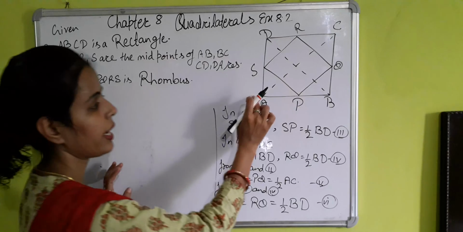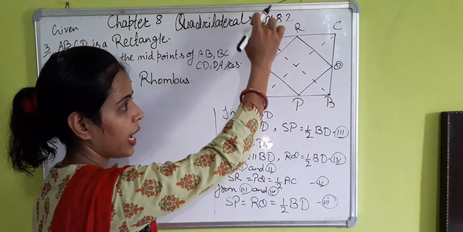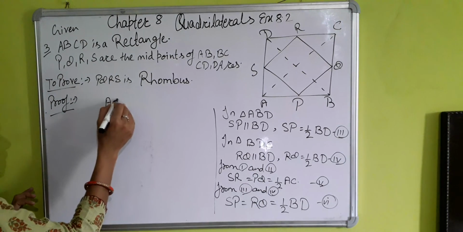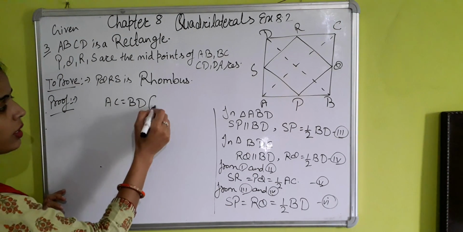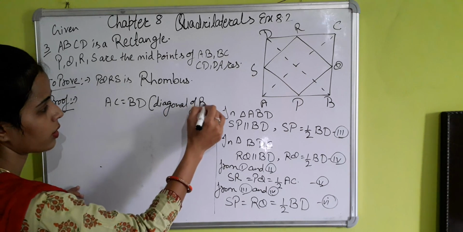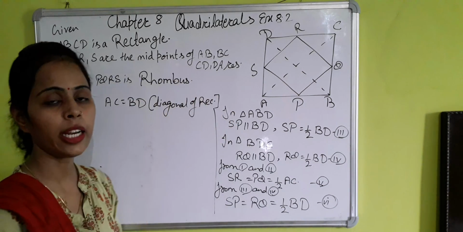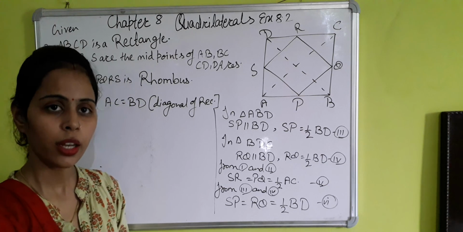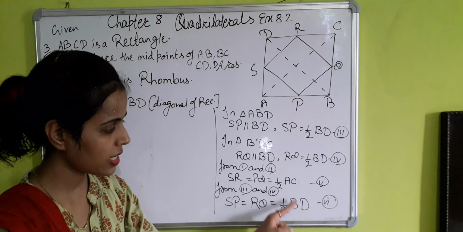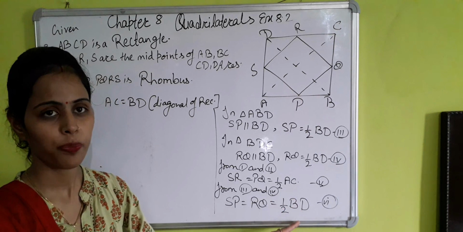In this rectangle ABCD, diagonal BD and diagonal AC, AC is equal to BD.